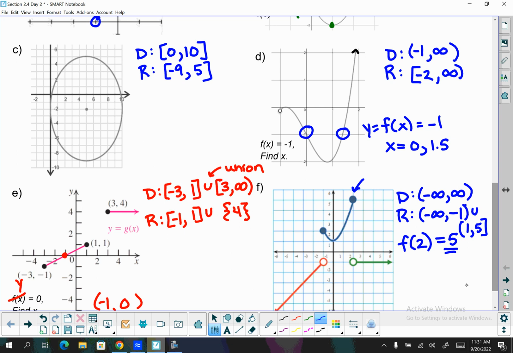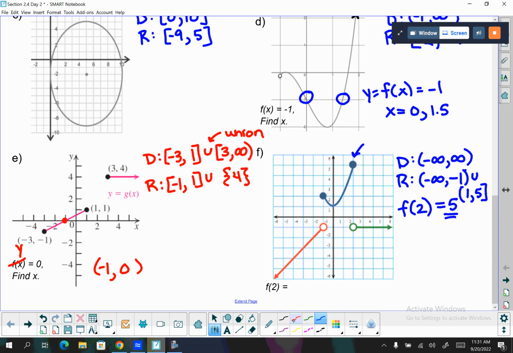Okay. And then at the bottom, this one's also a little tricky. So your domain, if you have written, actually, let me show you on here what it would look like. If you have -infinity to -1, -1 to 2, and 2 to infinity, that is not wrong, okay?